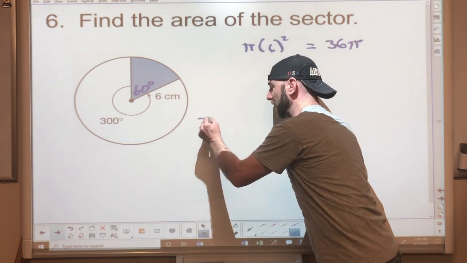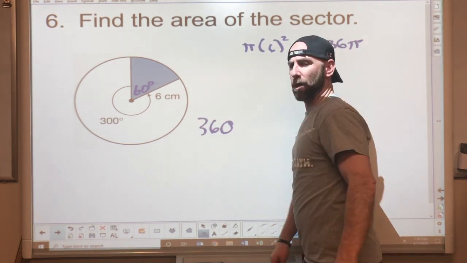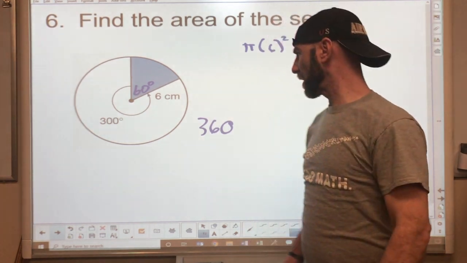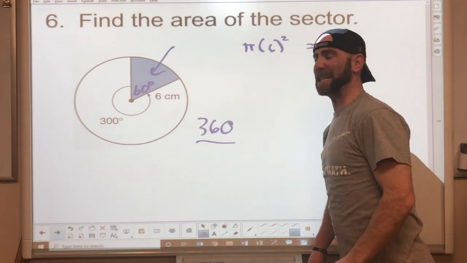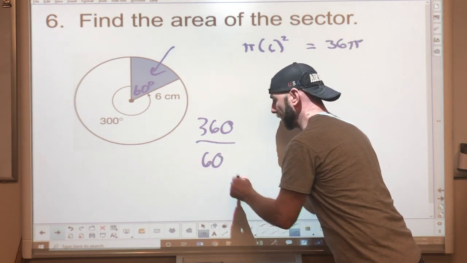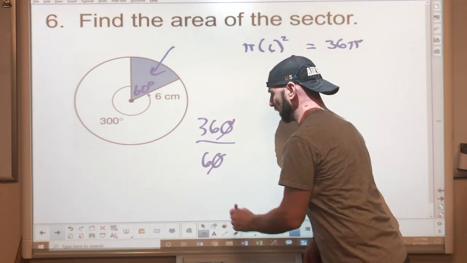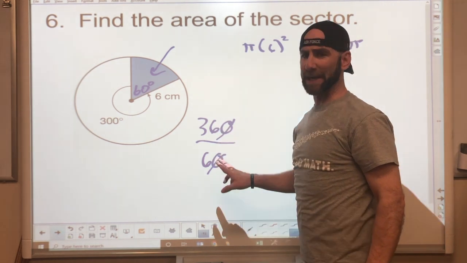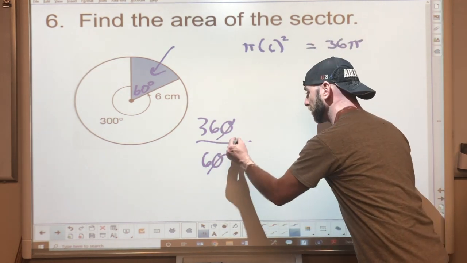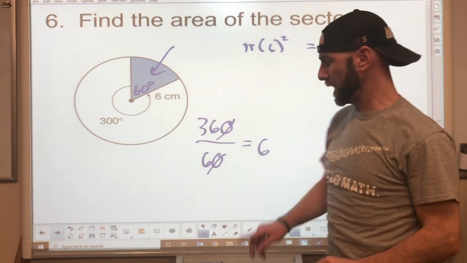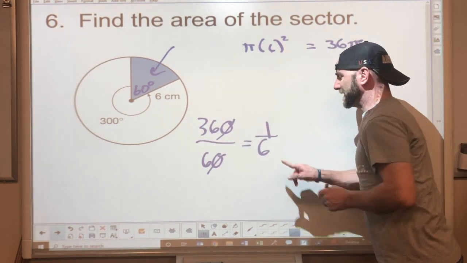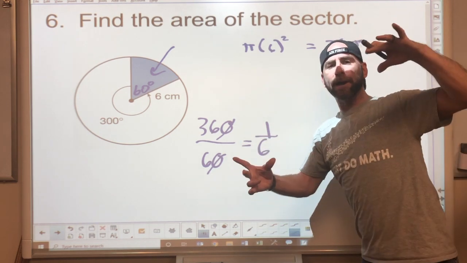Take your entire circle, which is 360, divide that by our slice. Chop the zeros. 36 divided by 6 is 6, so that one little slice is 1/6 of the entire circle.